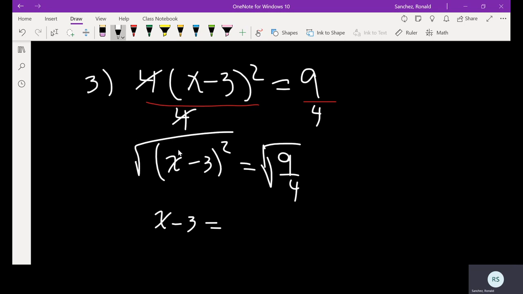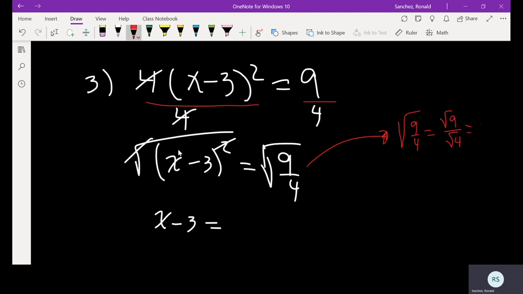We have x minus 3. Oops, forgot to cancel those out. x minus 3 is equal to the square root of 9 divided by 4. Well, let me make a quick note here. The square root of 9 divided by 4 can be written as the square root of 9 divided by the square root of 4. The square root of 9 is plus or minus 3.